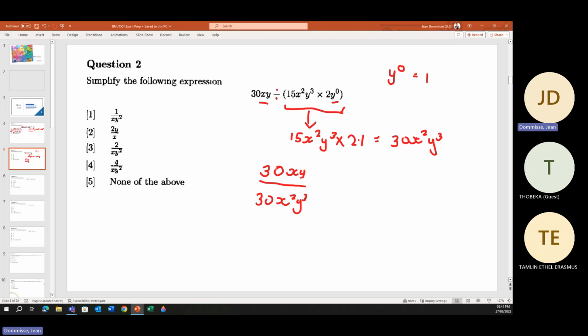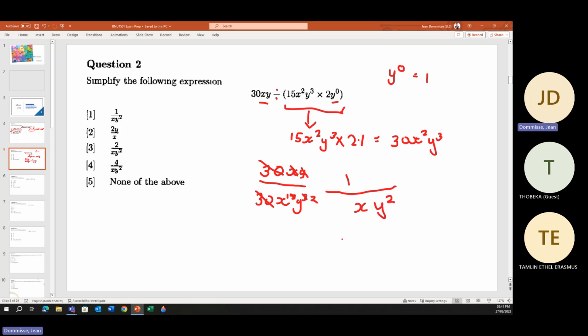So first thing we can do is say, well, 30 goes into 30, so we basically have that at the top. Then we can say, well, x goes in there, and x goes in there 1, so that instead of 2, that becomes 1. That also disappears, so instead of 3 here, this becomes 2. So at the top you have got 1, and at the bottom you've got x y to the power of 2.